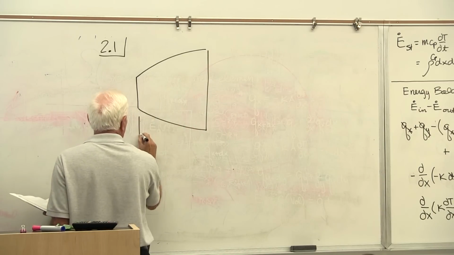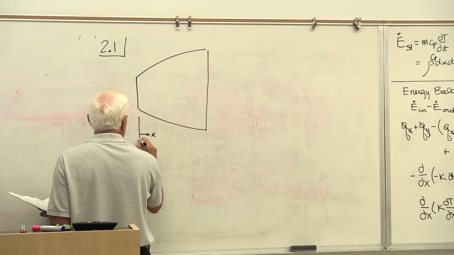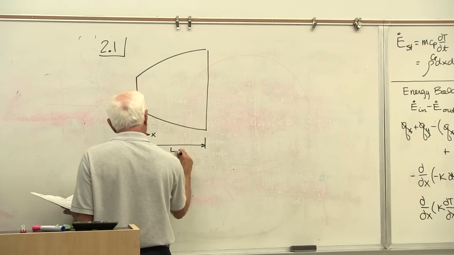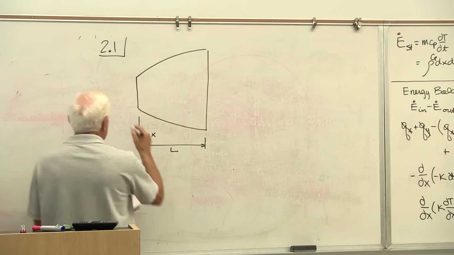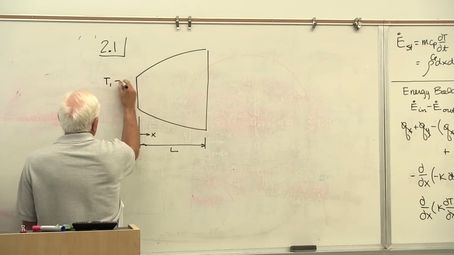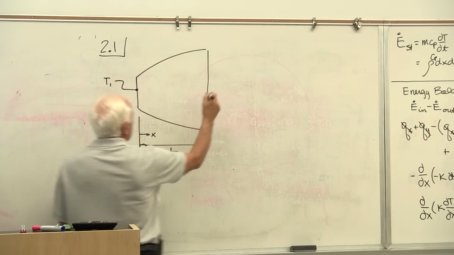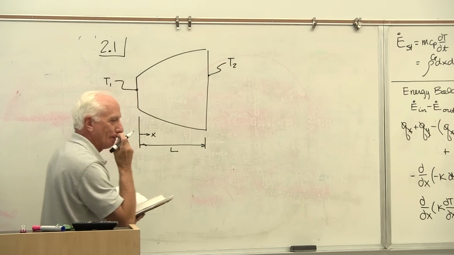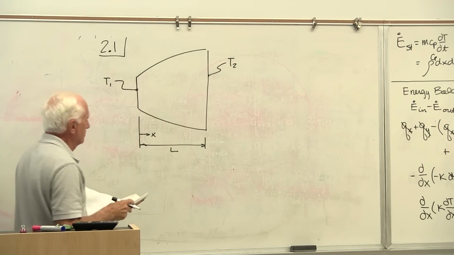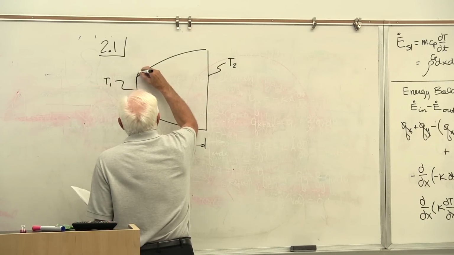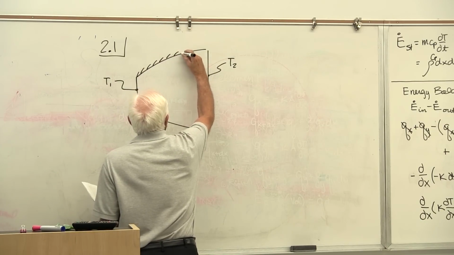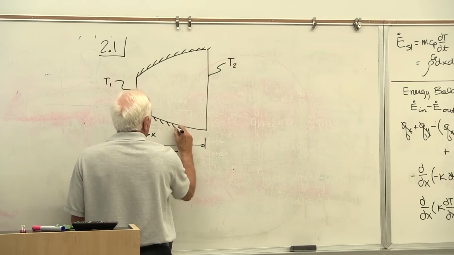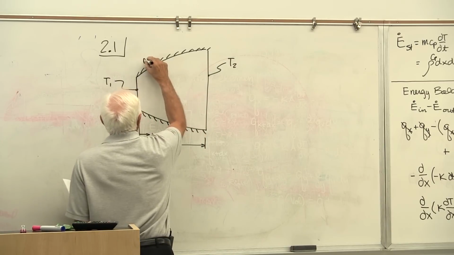We're measuring x from the left-hand side, and this is x equal L. The temperature on the left-hand side is a constant temperature at that surface, and the temperature on the right-hand side is a constant temperature on that surface. He doesn't tell me, but he should, and I would definitely do that on a problem, that the sides are adiabatic, perfectly insulated.